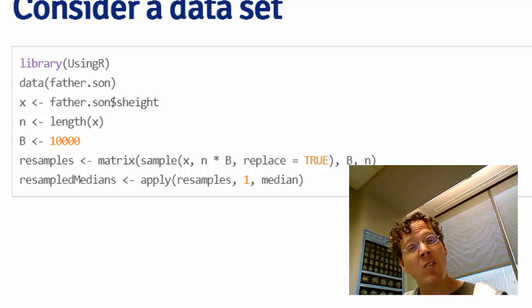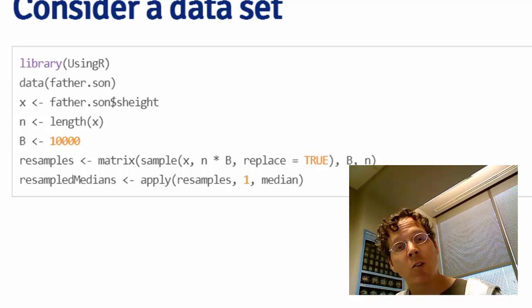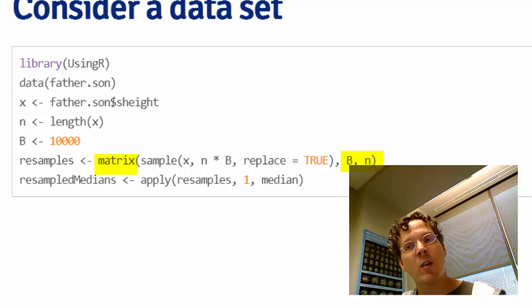Okay? And so what is this? This is simulating from an empirical distribution defined by our data that puts probability 1 over n on each observed data point. This is called the empirical distribution. And then I'm going to arrange these in a matrix with number of bootstrap rows and number of sample size columns.